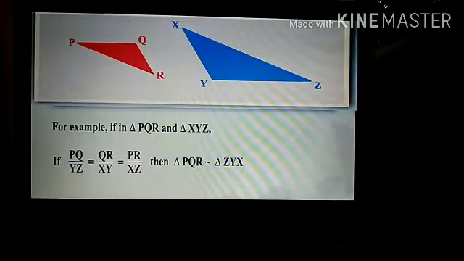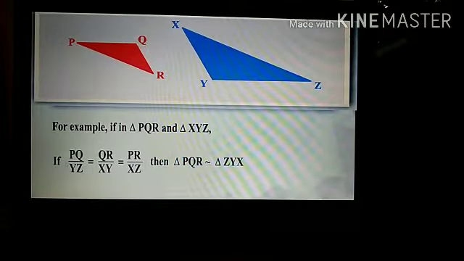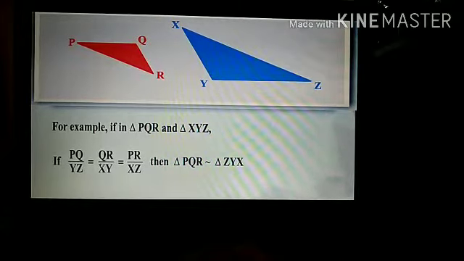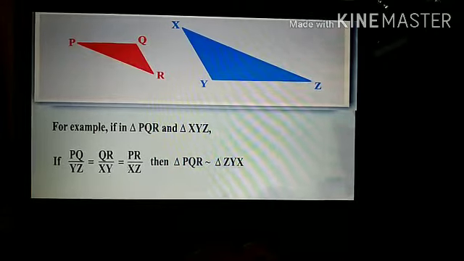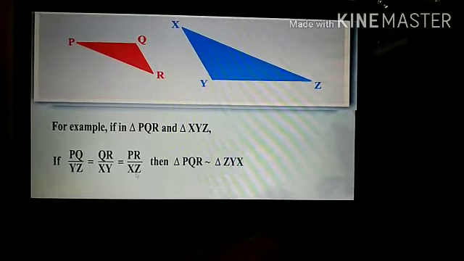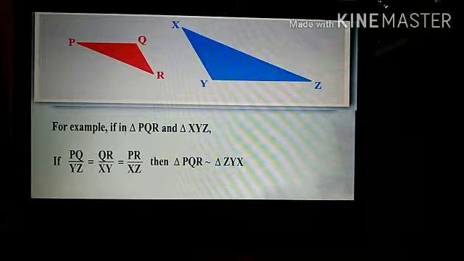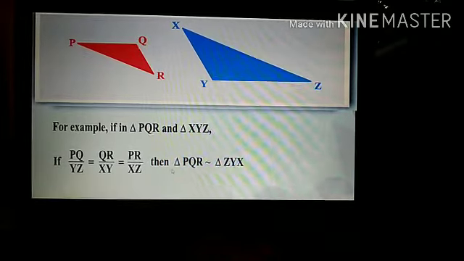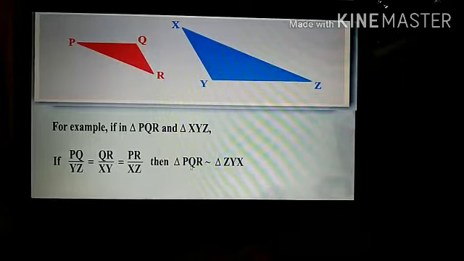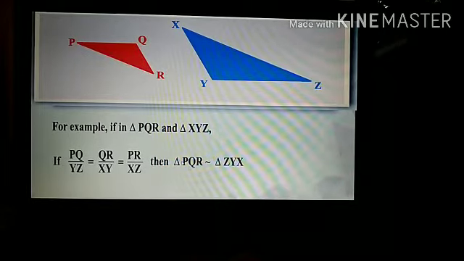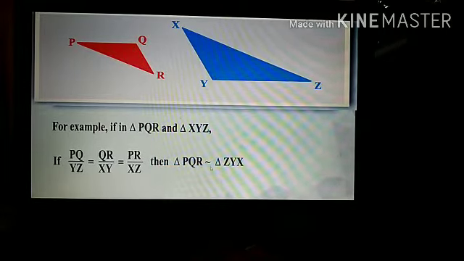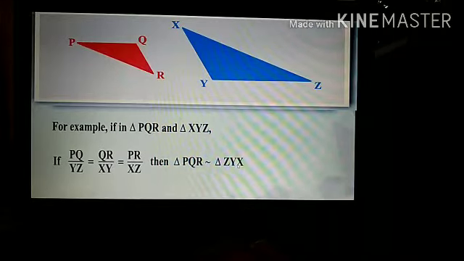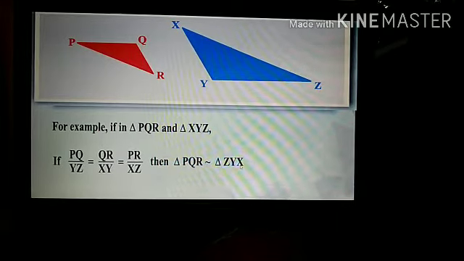In this question, they have already given us that the ratio of their sides, that is PQ upon ZY is equal to QR upon XY is equal to PR upon XZ, so we can say both the triangles are similar because their sides are in proportion, and both the triangles are similar by SSS test of similarity. Therefore, we write triangle PQR is similar to triangle ZYX by SSS test of similarity.